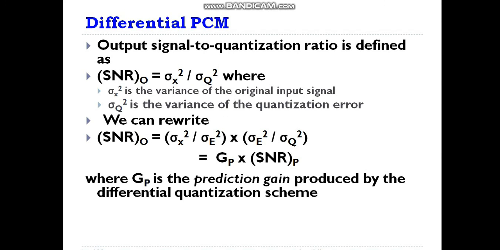So this is the differential pulse code modulation process. Here certain things have to be noted, that some quantization error occurs. From these we will move on to delta modulation. Okay, thank you for this presentation.